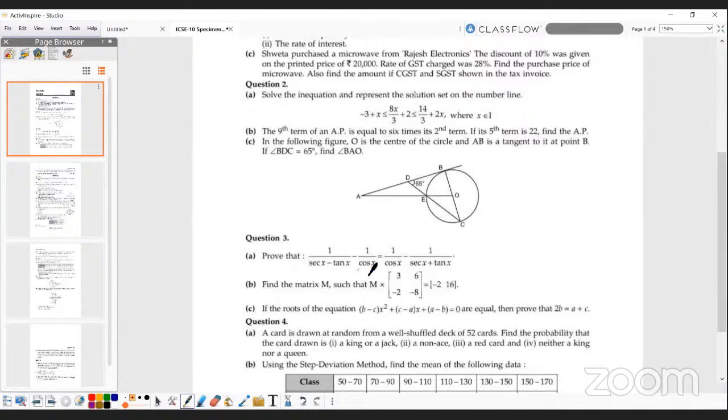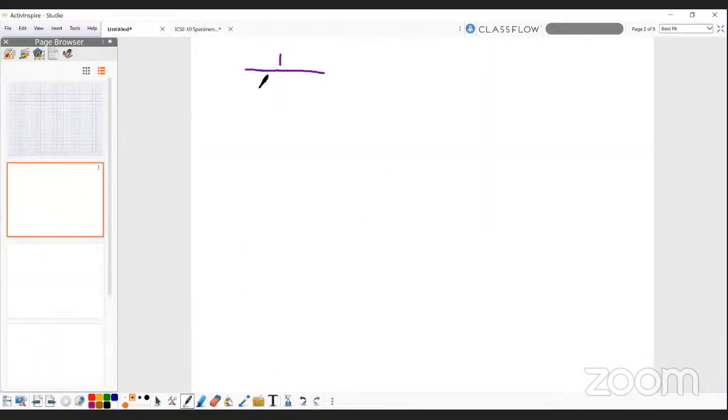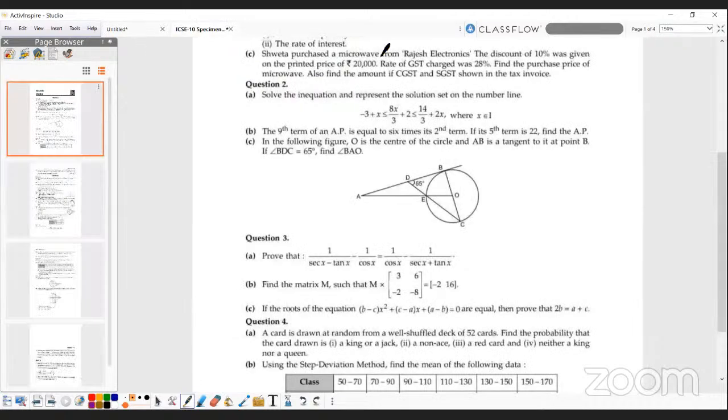So you see 1 upon sec x minus tan x minus 1 upon cos x. I have asked you to convert it in terms of sin and cos. So that will be 1 upon sec x minus tan x minus 1 upon cos x.